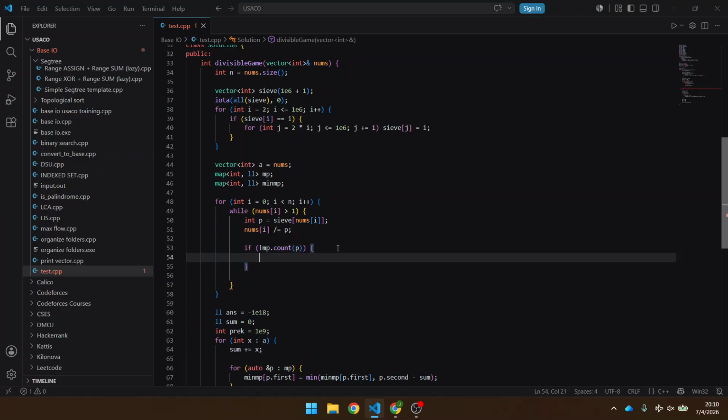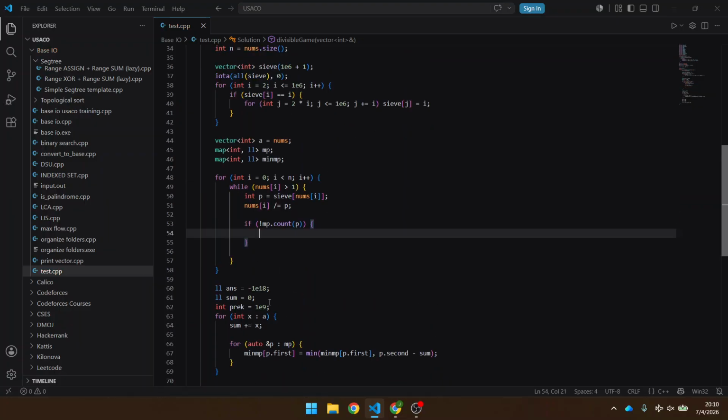Not mp.count(p). So if map is not counting p, right?